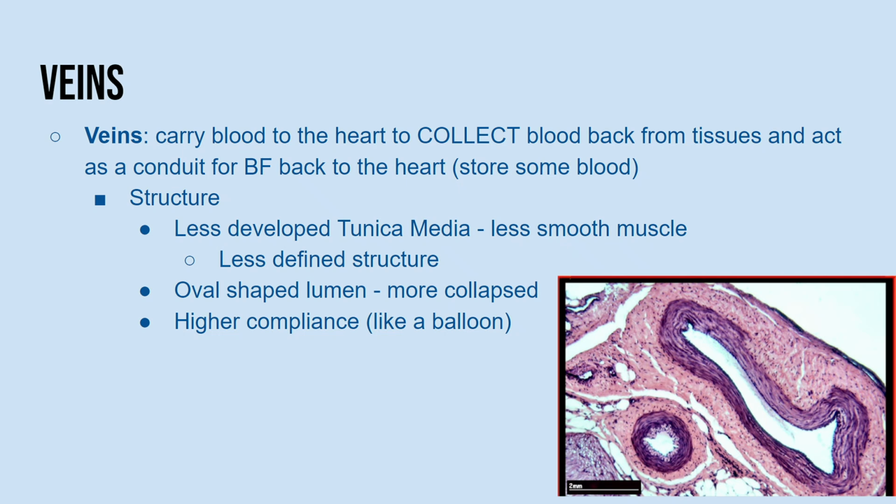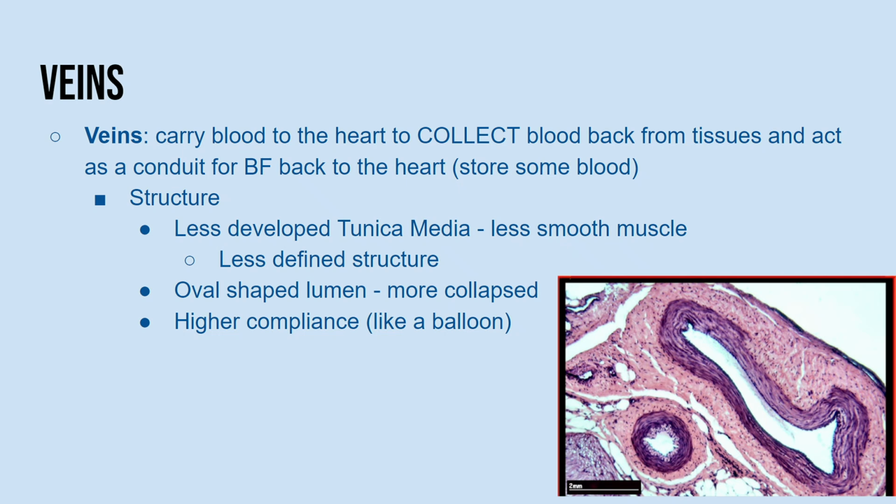They have a less developed tunica media, which means they have less smooth muscle, which means that they're not as well regulated by the nervous system. So they can't really constrict or dilate as easily as we saw in the arterioles. So that would mean that the arterioles are really the main regulator of blood pressure, whereas the veins just kind of are a passageway for the blood back to the heart.